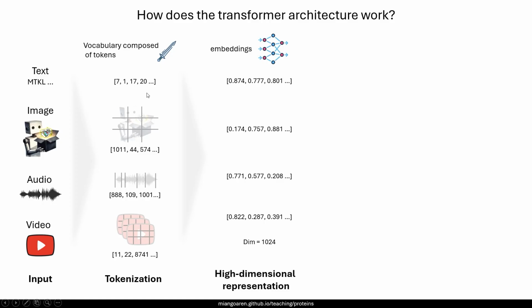Once we have these tokens, they are represented in a high dimensionality thanks to a neural network, where what would be token number 7 is now represented by a vector that contains many numbers, of a dimension that in this case is 1024, or it can be 768 or 512.